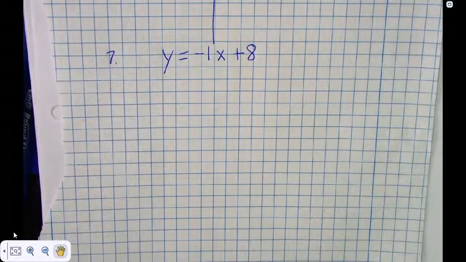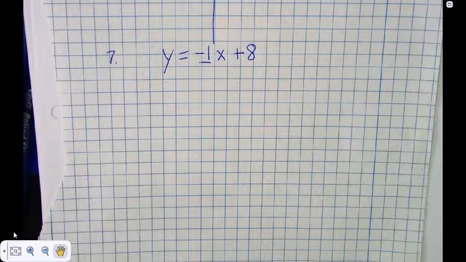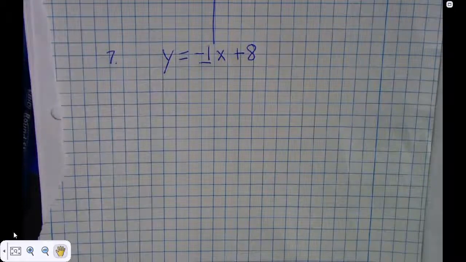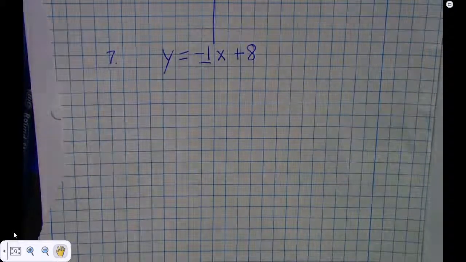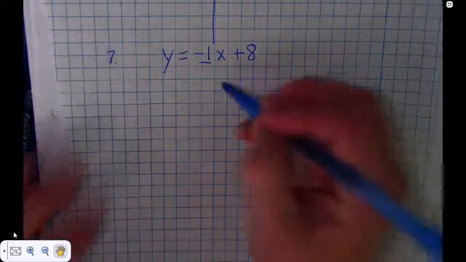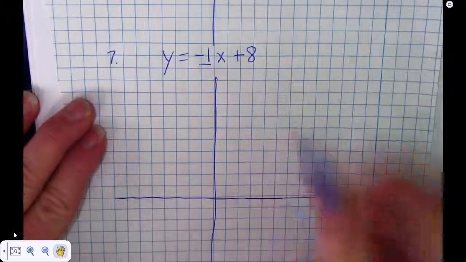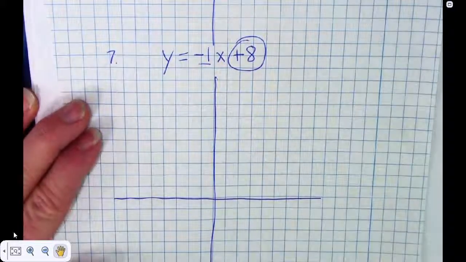Where did the -1 come from? The book. It's the slope. 8 is the y-intercept. So where are we going to start? No. We start on the 8, on the y-intercept.